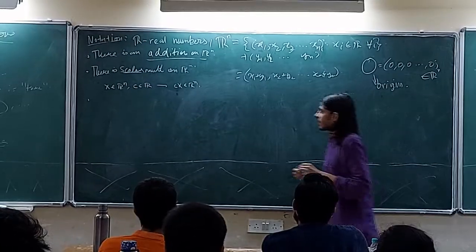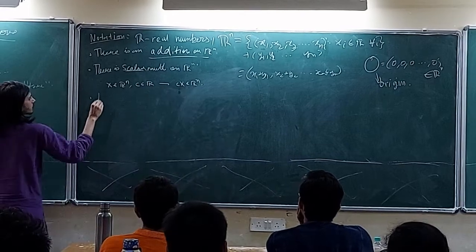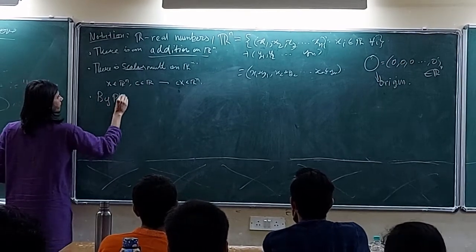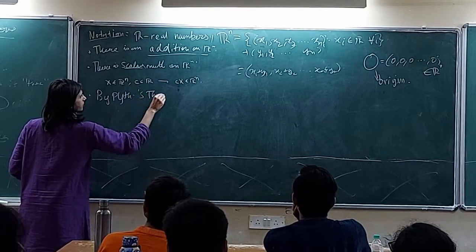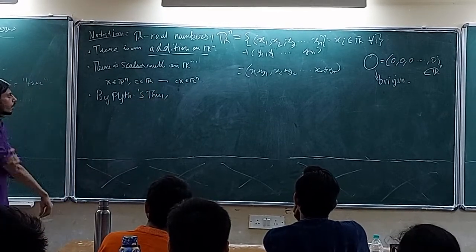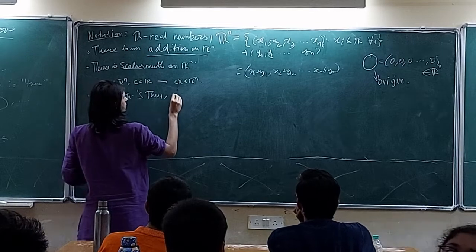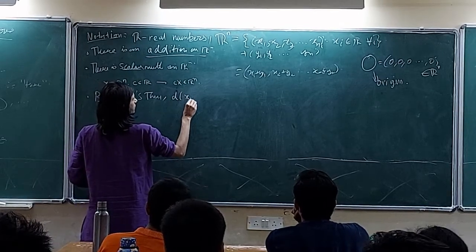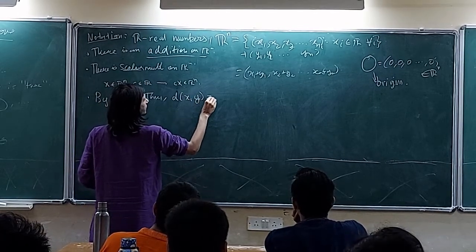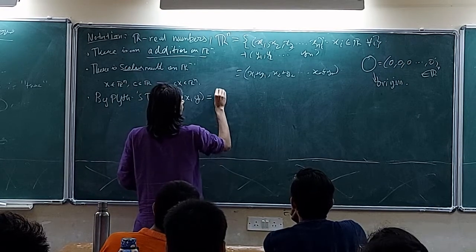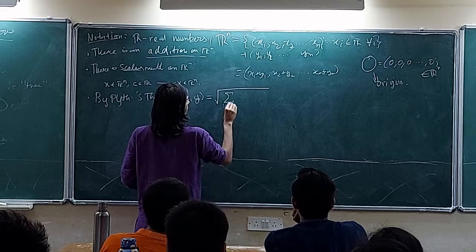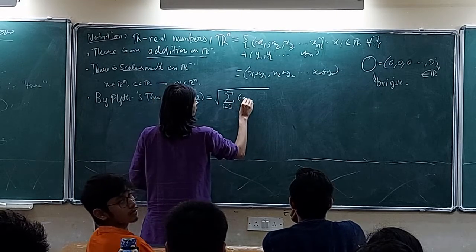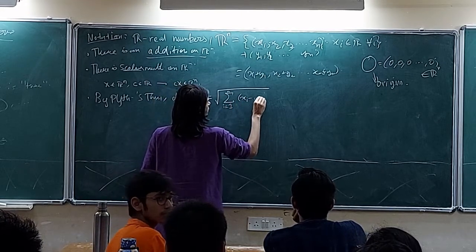So basically, by Pythagoras' theorem, you have a distance between points, d of x comma y, which can be defined as the square root of the summation from i equals 1 to n of (xi minus yi) squared.